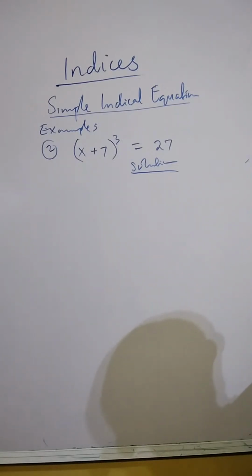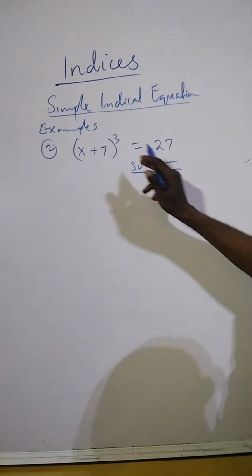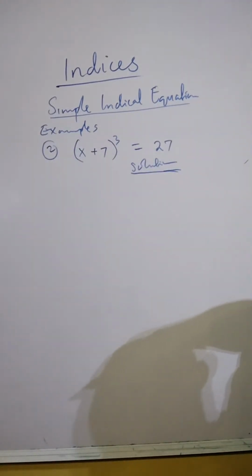But now, when we solve this fully, we're going to have 3 solutions altogether. So there must be 2 complex and 1 real solution.